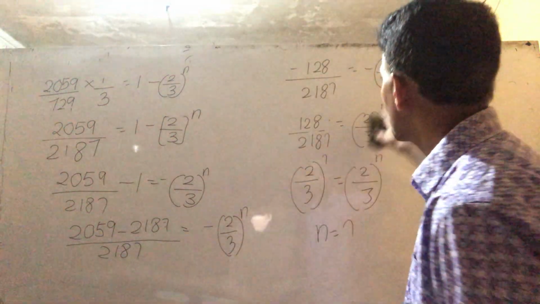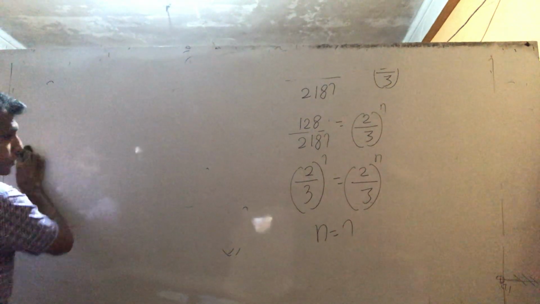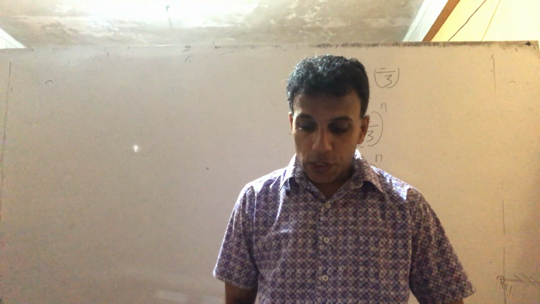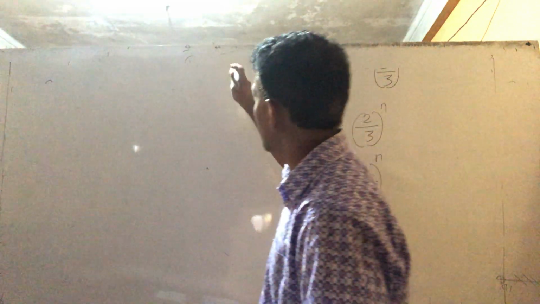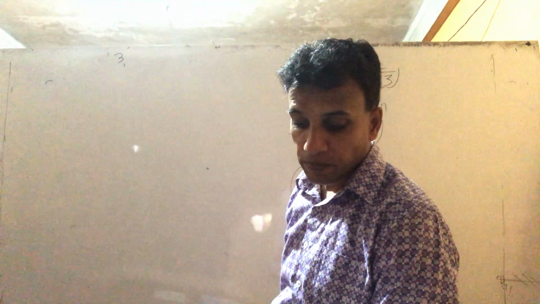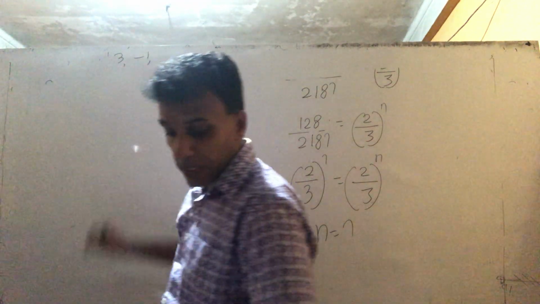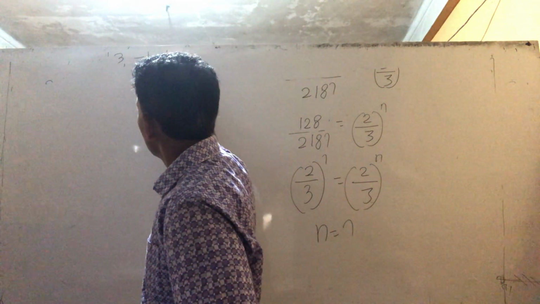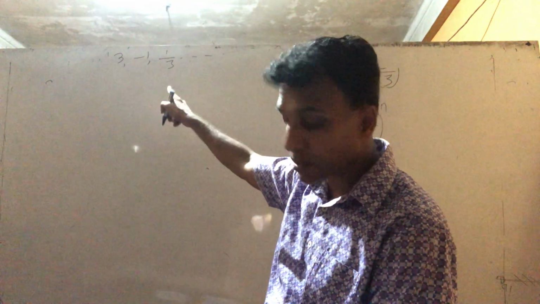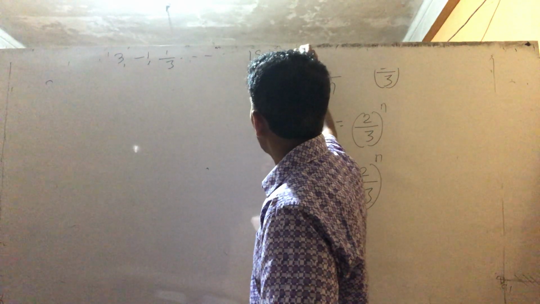Find the number of terms to be taken so that the sum of the progression 3 comma minus 1 comma 1/3 and so on is 2 of 20 over 81.